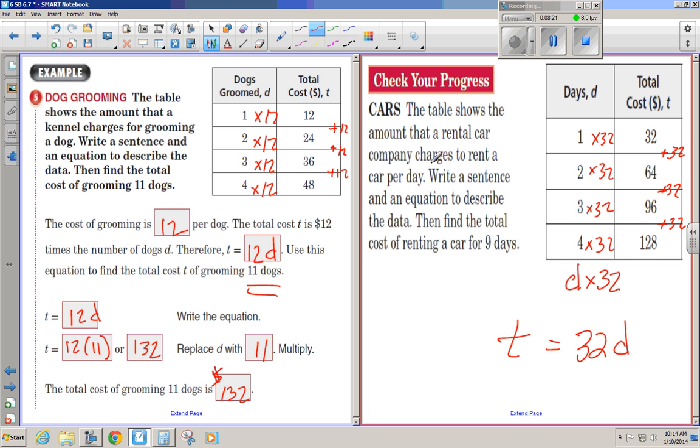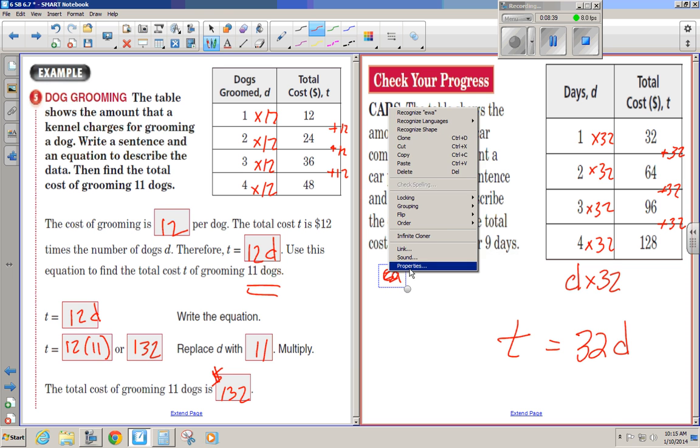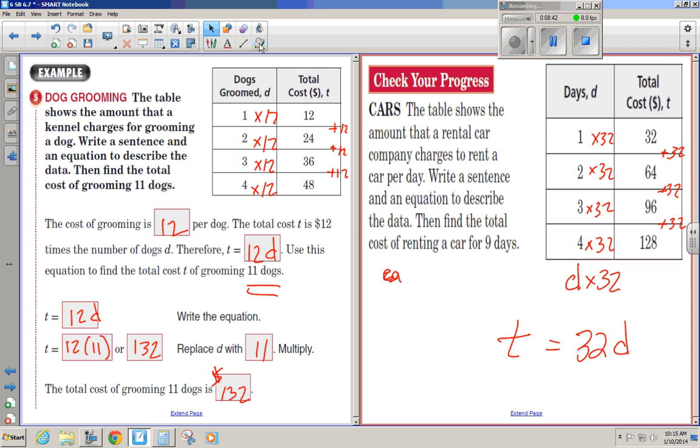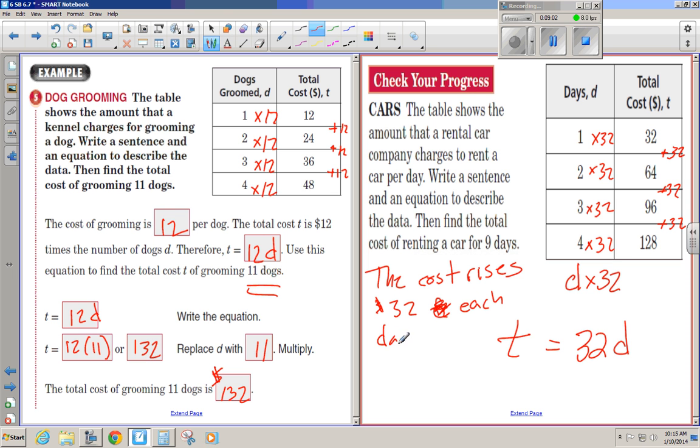So for the table, write a sentence and an equation to describe the data. So here is the equation, T equals 32D. The sentence would be, the cost rises $32 each day you rent.